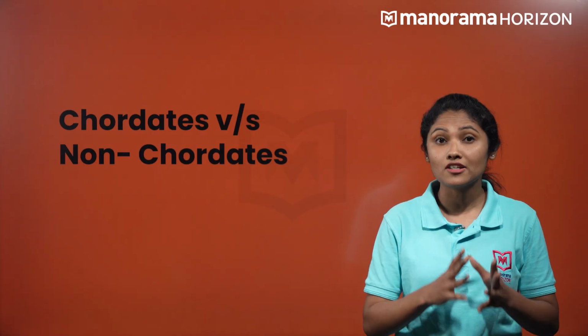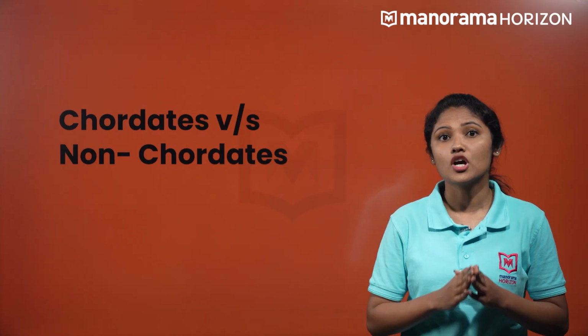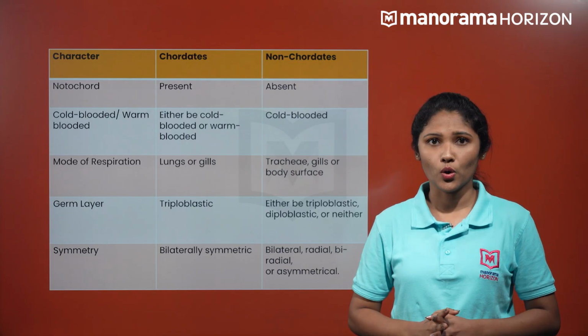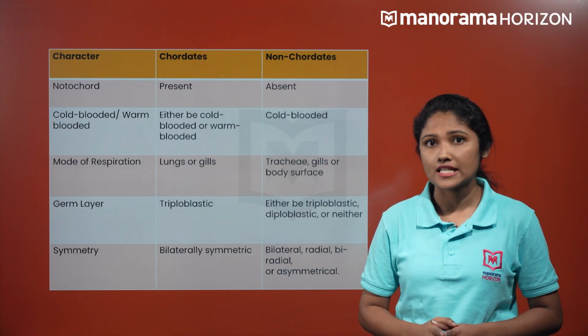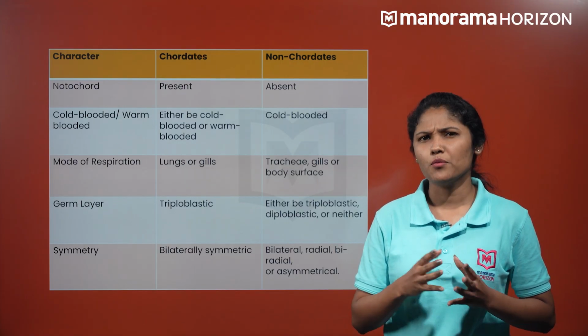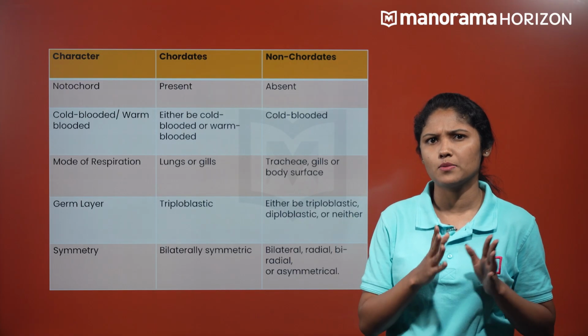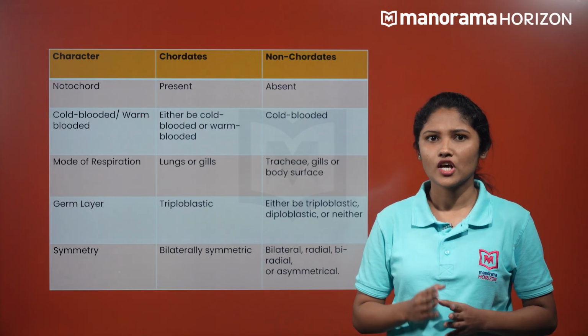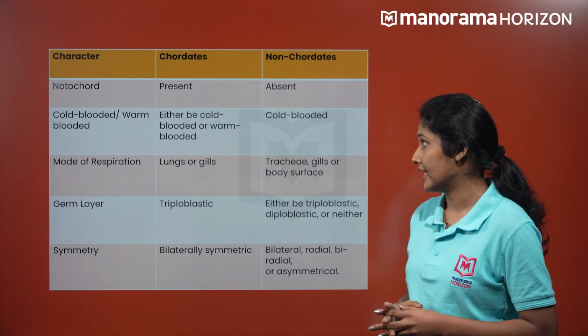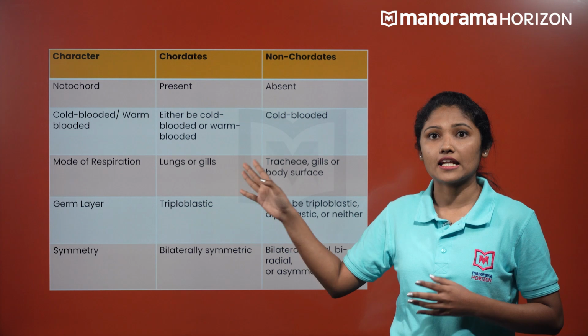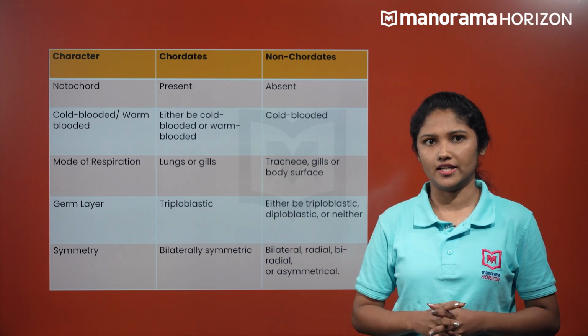Let's explore some interesting factors about the phylum Chordata. As you know, the members of the phylum Chordata contain a notochord, and what are the other major differences between chordates and non-chordates? Non-chordates are cold-blooded, while chordates are either cold-blooded or warm-blooded.